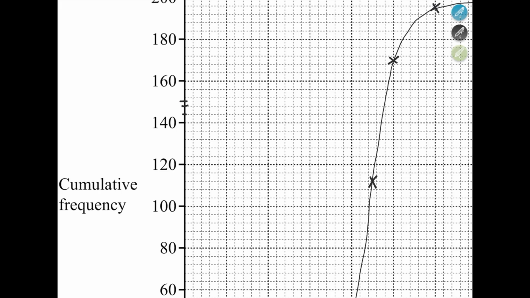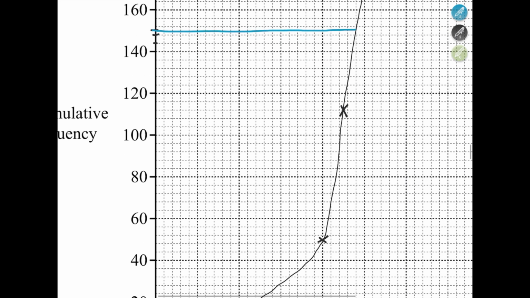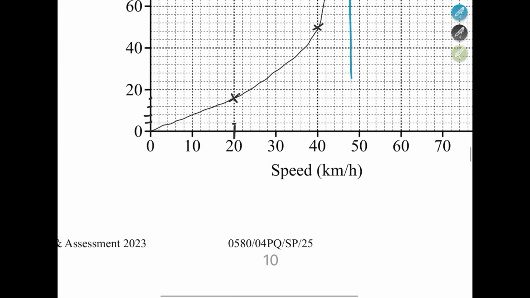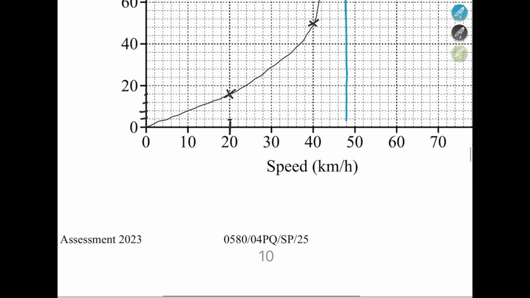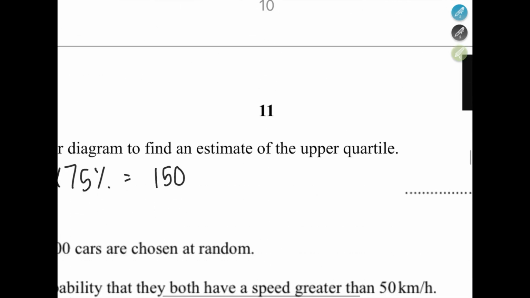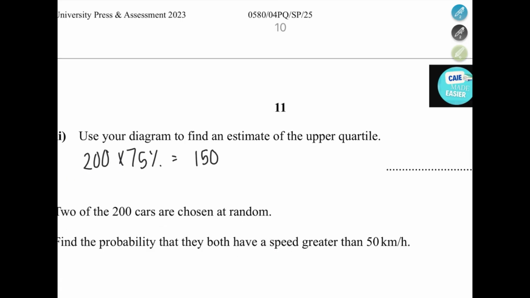So I'll just use this. And then what is it going to be on the x-axis? This is 42, 44, 46, 48. So the upper quartile is 48.